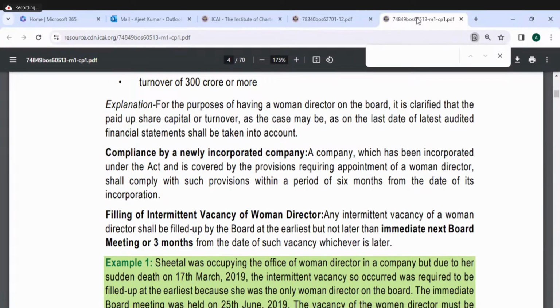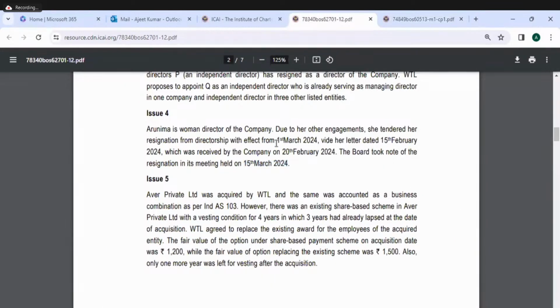Students, write it fast. What is the date of vacancy here? Is it 1st March, 15th February, or 20th February? Okay, very good. Very good, students. So that means you have understood the provision correctly.